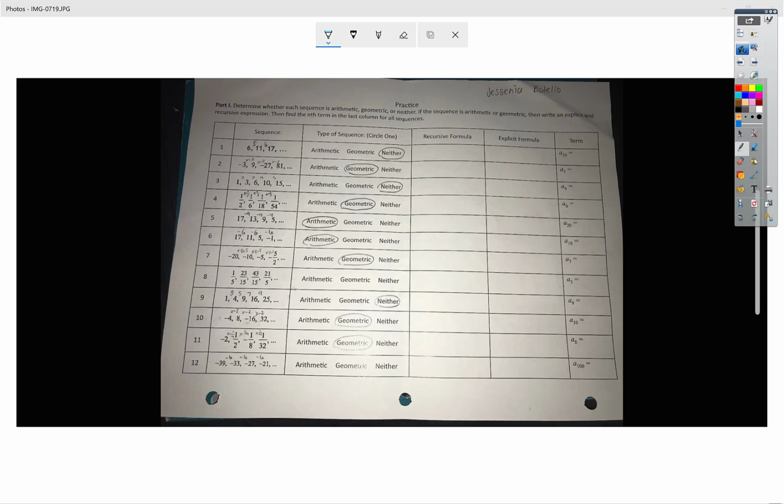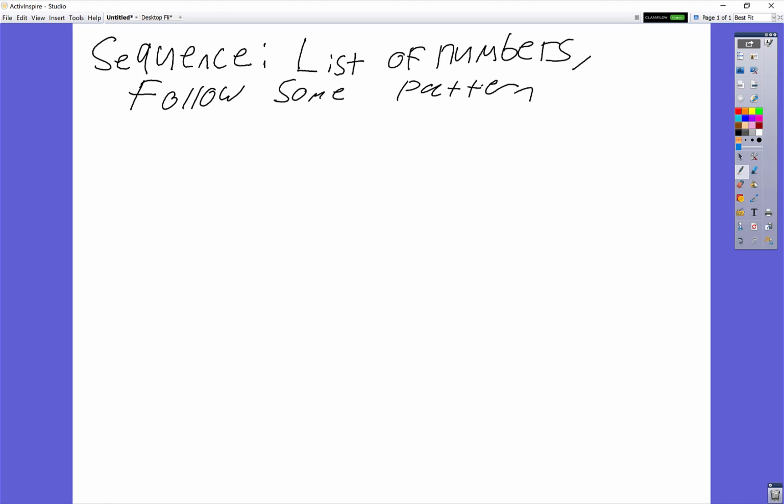And so we can have multiple types. With an arithmetic sequence, the trick here is that you are always adding.